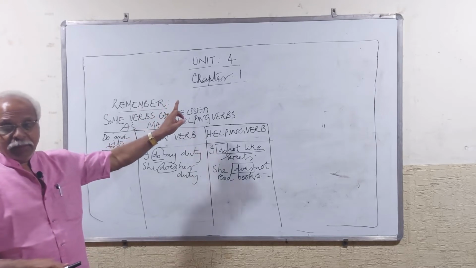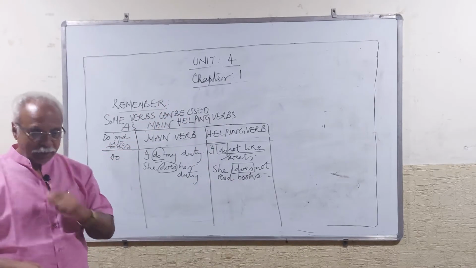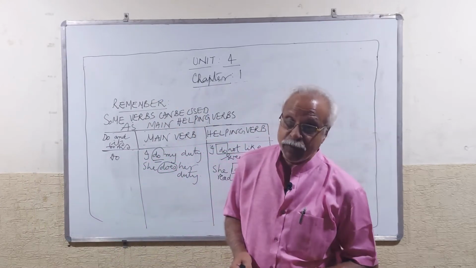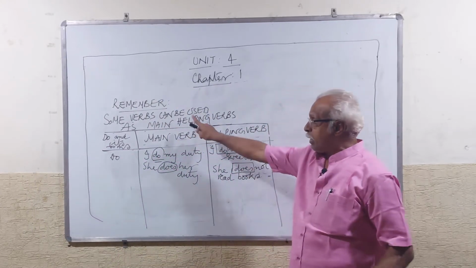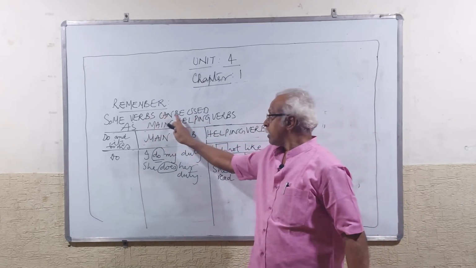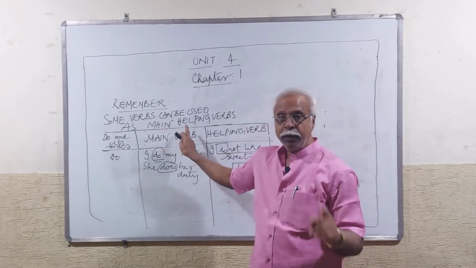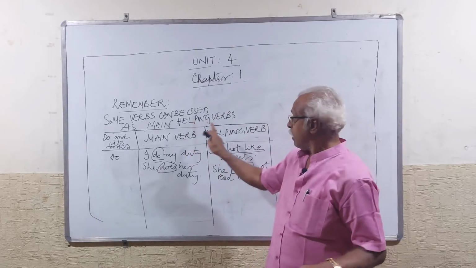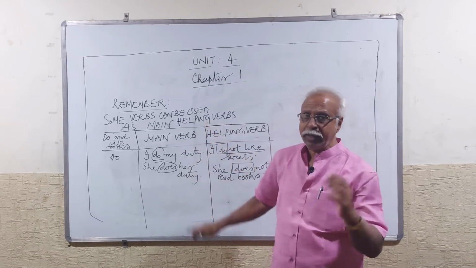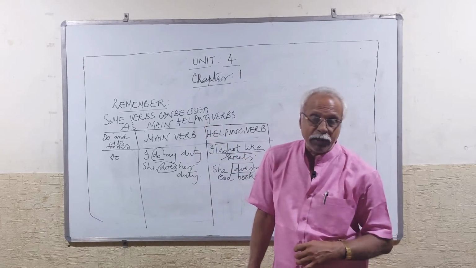Before I begin, I want all my listeners, all my learners of English, to keep one thing in mind. Some verbs can be used as main as well as helping verbs. Make it a point. Helping verbs have a different name also: auxiliary verbs you can call them.